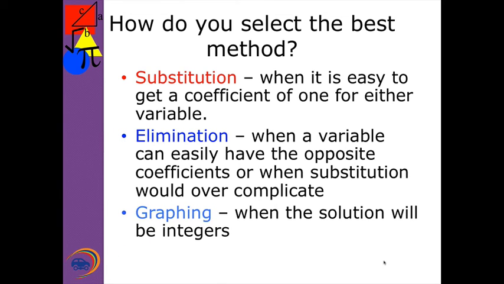And that's where you're pretty sure that the answers are going to be integers, not fractions. So in order, I would do either substitution or elimination first and graphing as my last choice, unless the problem said to graph. Because if numbers get very large, very small, or are fractional, it's going to be very hard to get an accurate answer with graphing.